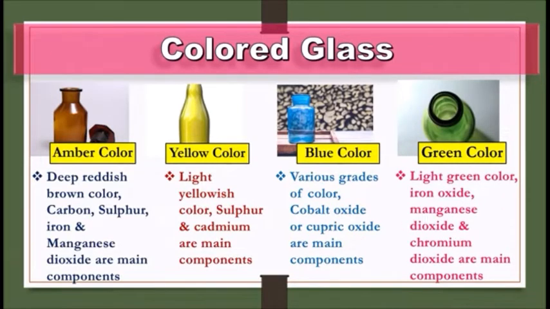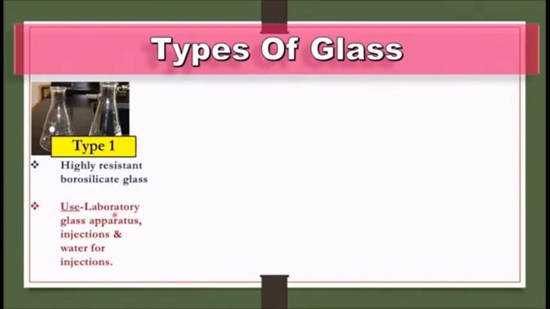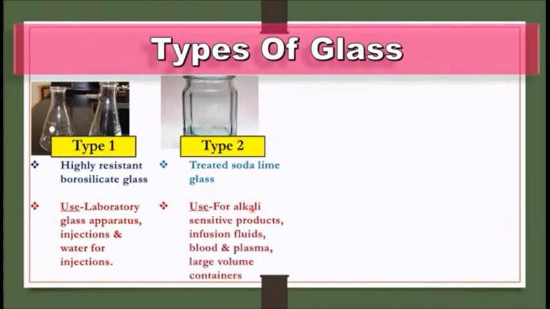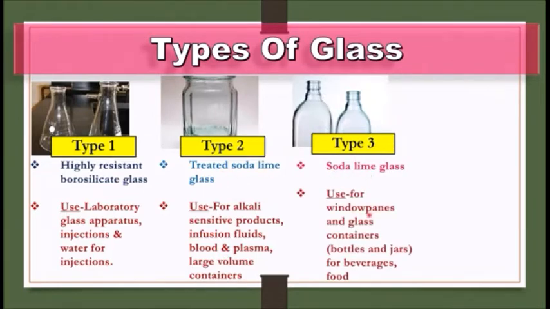And type 4, non-parenteral, is general purpose soda lime glass. This general purpose soda lime glass is for oral or topical use, means for your skin, and that means non-parenterals. So these glasses are most important for your GPAT exams.